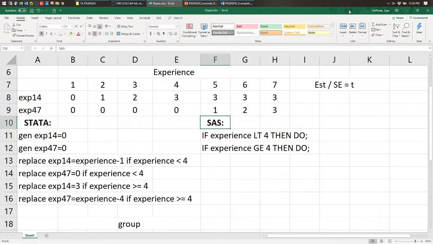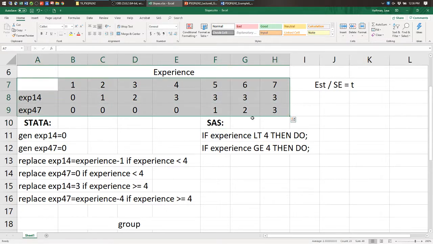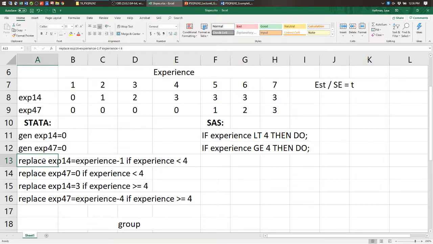So let me clarify once and for all, correctly, what the code would look like to accomplish this coding scheme. I know where the problem came in. It came in looping two things together. So the Stata code, what I had here saved from last time, is fine. I'm replacing, if experience is less than 4, this chunk right here.